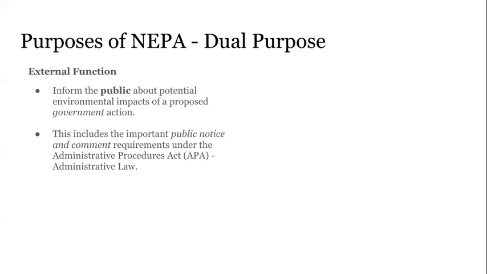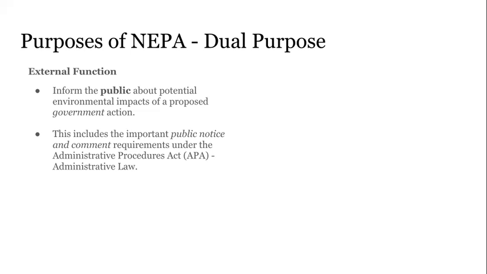But the idea behind all of this notion of public notice, it's a transparency. This external function is to say, look, before we engage in some activity, we want to understand if there are environmental consequences. And as part of that process, we want to understand and then make transparent that understanding as to whether there are or are not potential environmental impacts.